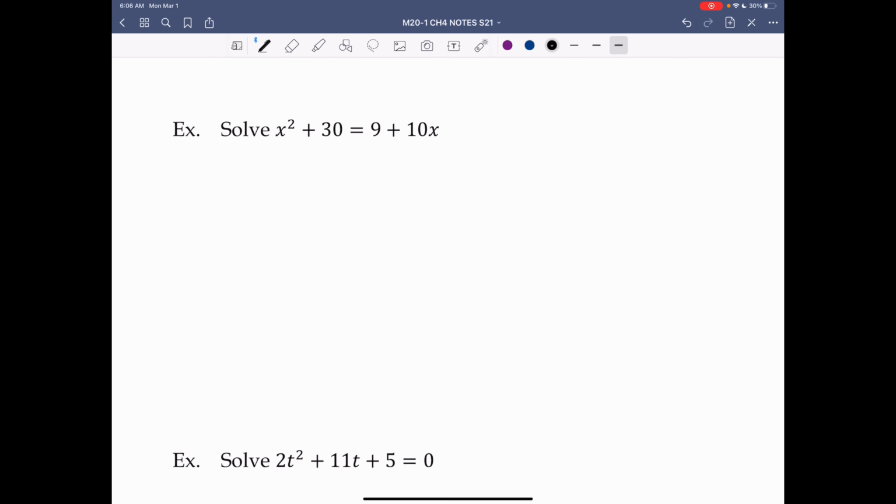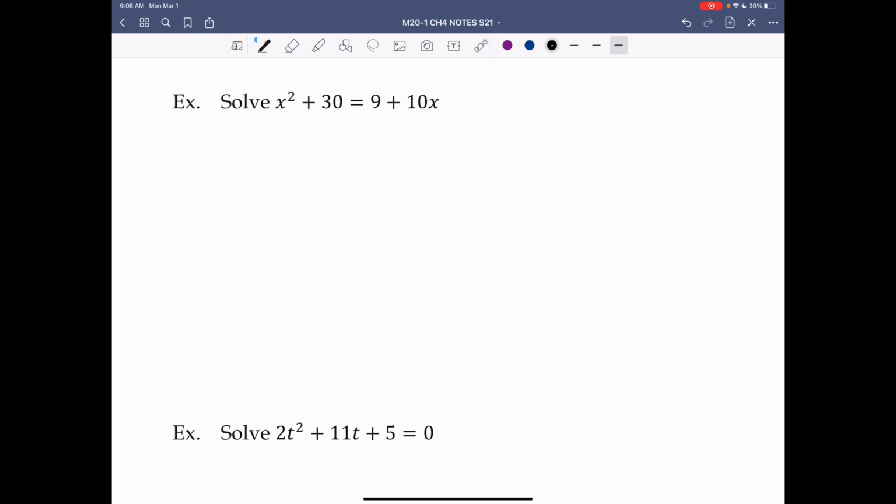Example: solve x squared plus 30 equals 9 plus 10x. Before we can factor, we need everything on one side, and ideally we want to move it to the side that makes the leading coefficient, the number in front of x squared, positive. On the left, I see that this is a positive 1, so I'm going to move everything to the left side.